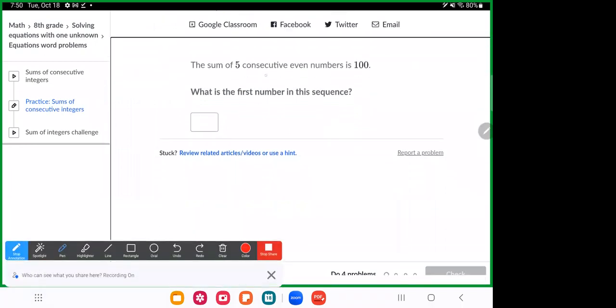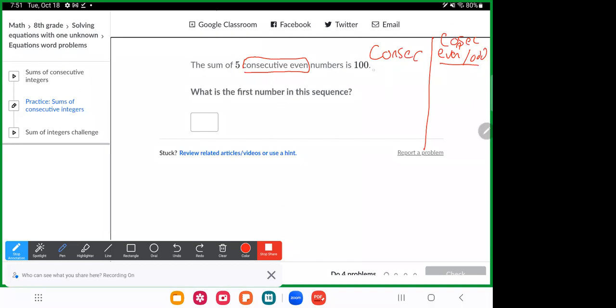Okay, so there's two types. There's three types, but they fit into two categories. They're either consecutive or consecutive even, odd. But those are the same group.